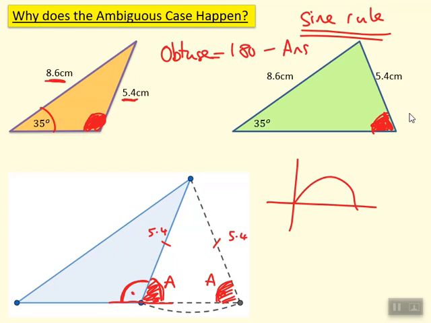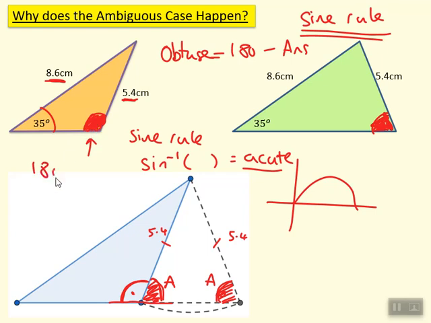But if you're not happy with that, just remember with the sine rule, when you do sine to the minus 1, it tends to give you an acute answer. But if you're looking for an obtuse angle and you've done all the correct working out and made no mistakes and you've done sine to the minus 1 correctly, and then it gives you an acute answer, then to work out the obtuse angle, there's 180 minus the acute answer that it gives you, and that's the answer to that question.